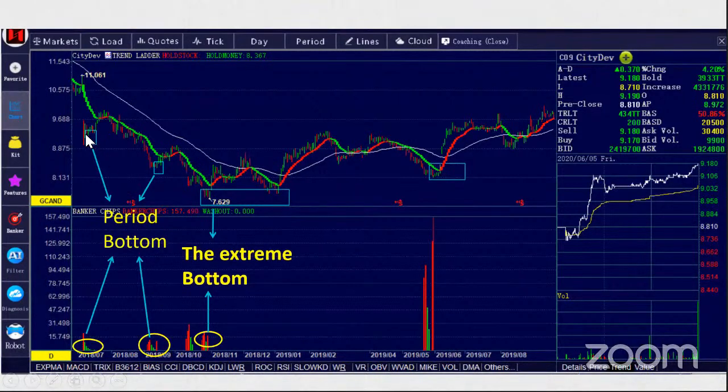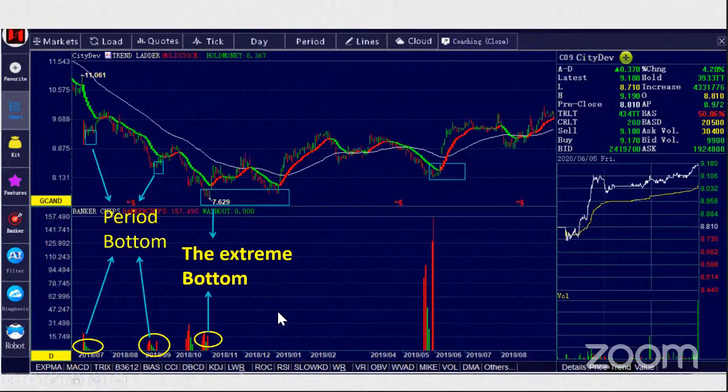And if we check, there is a rebound. Relatively speaking, these are the forceful rebounds on the left side, and we call them period bottom, and you will see the appearance of banker chips, the red bar, green bar, red bar, green bar, red bar, green bar, right? And then for this time, I call it the extreme bottom because this is the real low. After that, the price remains in medium term to long term uptrend, right?